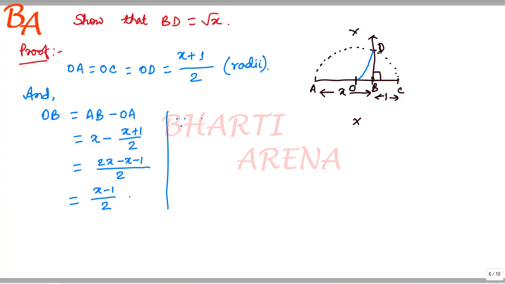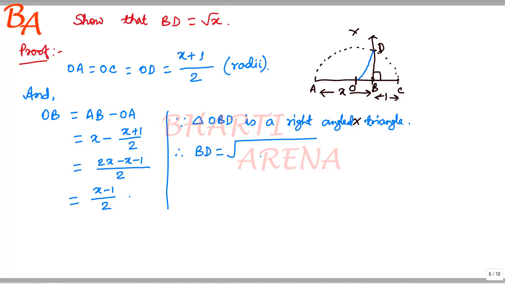Since triangle OBD is a right angled triangle, therefore BD equals root under OD square minus OB square by Pythagoras theorem.